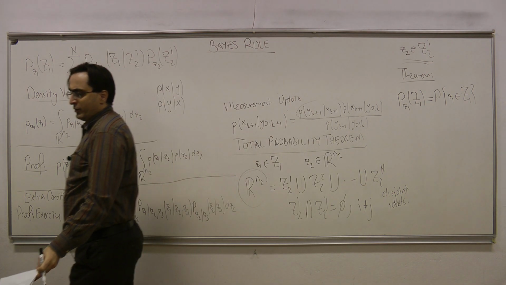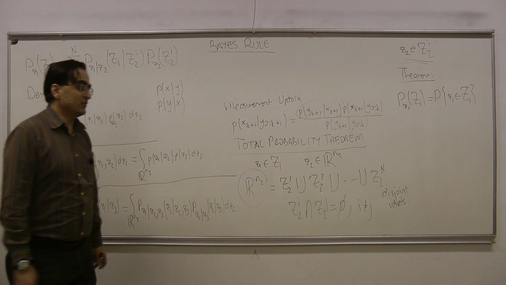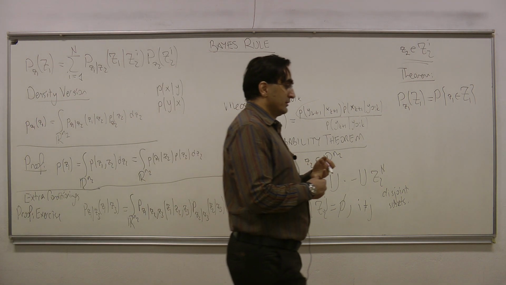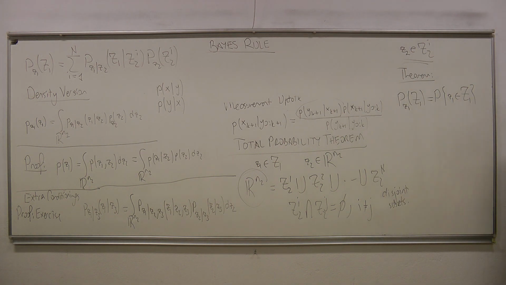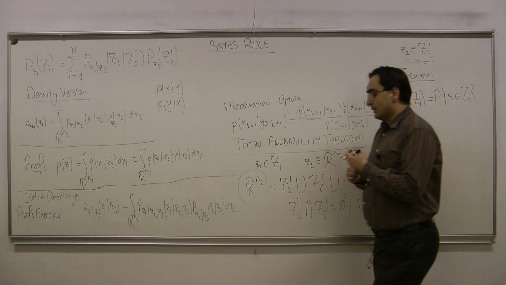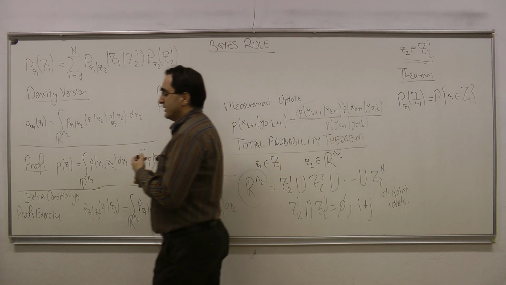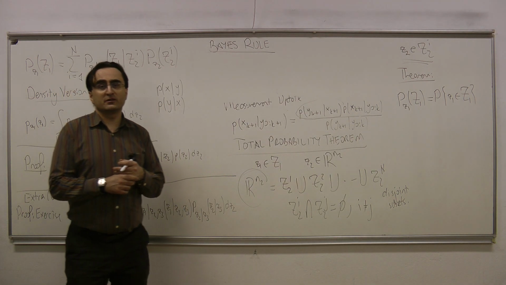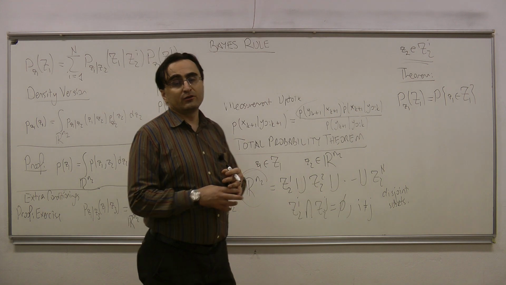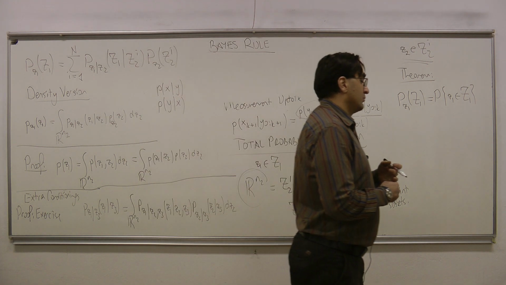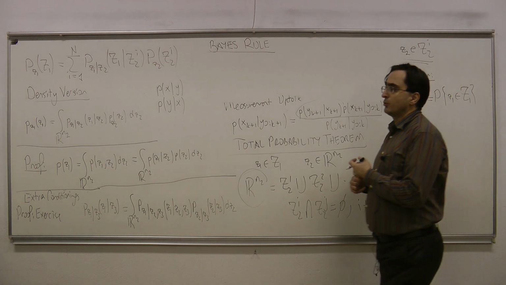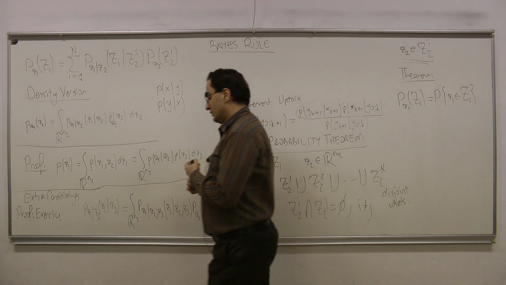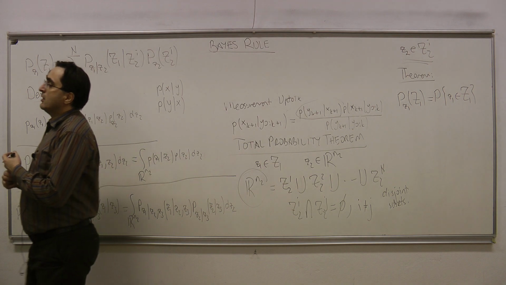As I told you, Thomas Bayes is a very important statistician. I think he was British, English. His approach to statistics represents one of the branches of statistics. There are two branches, the frequentist approach and the Bayesian approach.